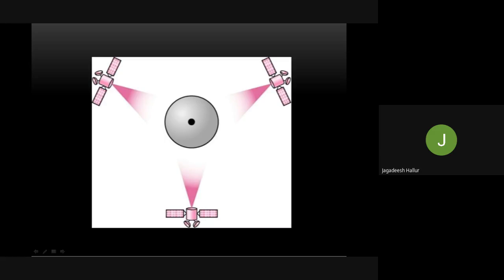That is the function of a geostationary satellite, which is far away from the Earth station. Only 3 satellites are required in geostationary.